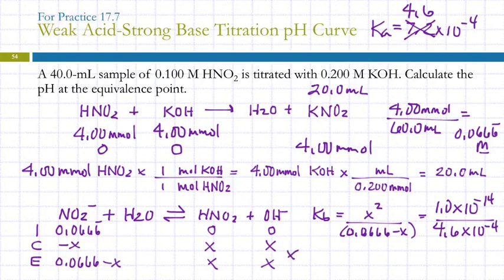X is small. So X equals the square root of 1 times 10 to the minus 14 divided by 4.6 times 10 to the minus 4, times 0.0666. 1.20 times 10 to the minus 6.